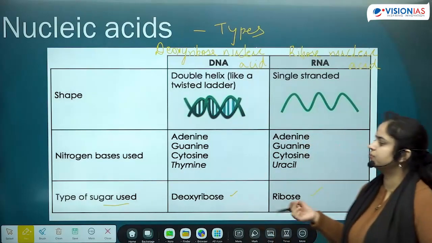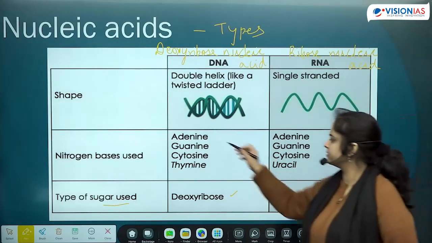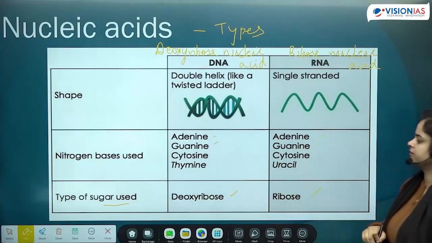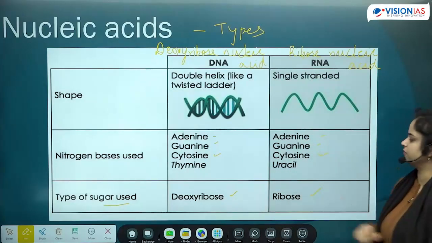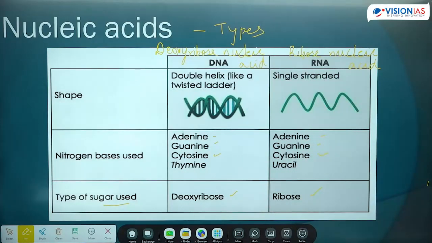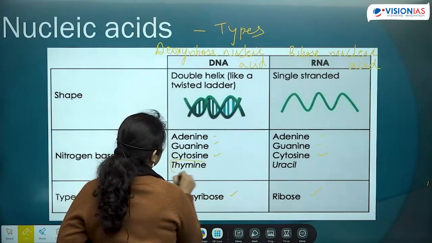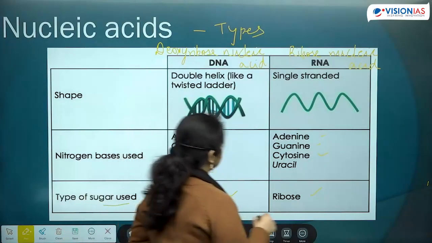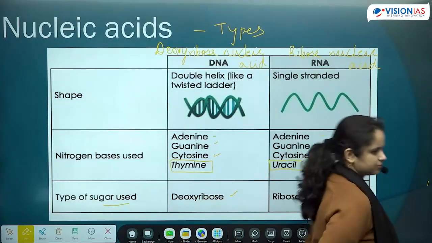When it comes to nitrogenous bases, they both have both the purines, that is adenine and guanine. They both have pyrimidine, cytosine also. But the last nitrogenous base, that is variable between DNA and RNA. Thymine is present in DNA, and in place of this thymine, you have uracil.